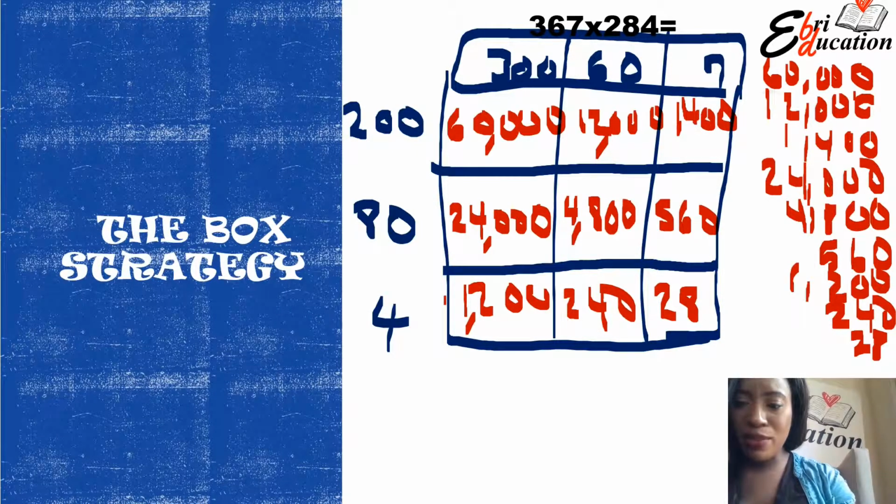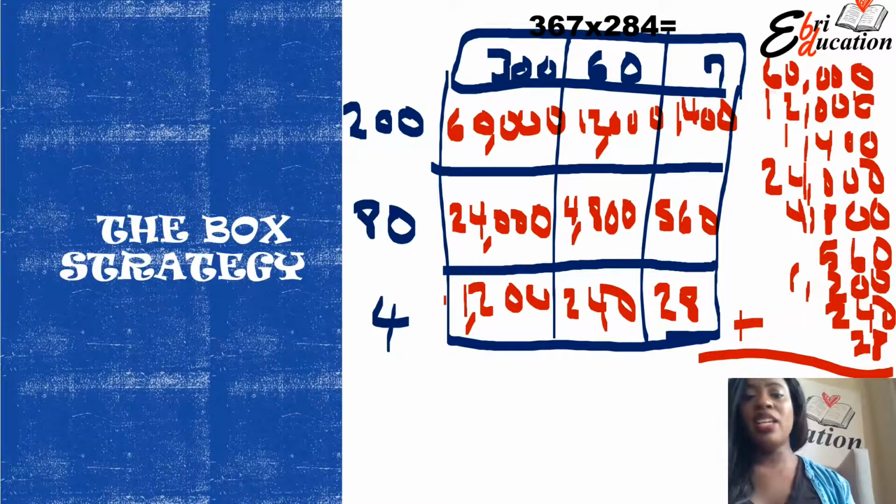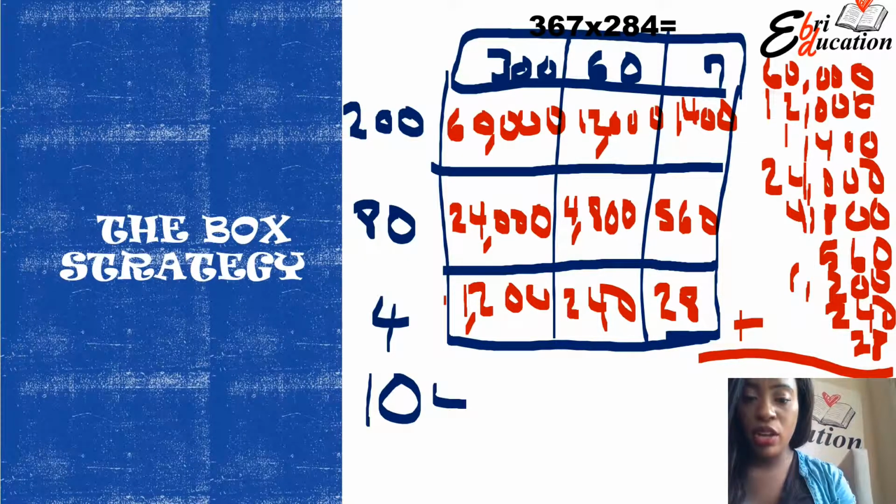Again, this isn't the most efficient strategy. This takes a lot of time, but a lot of students who struggle love using this one. When you add all those partial products together, you're going to get 104,228.